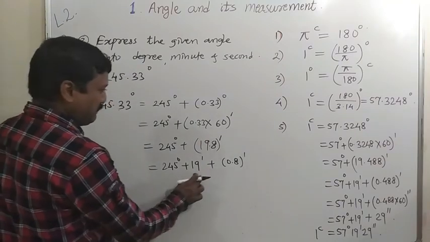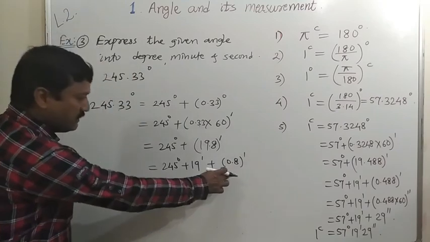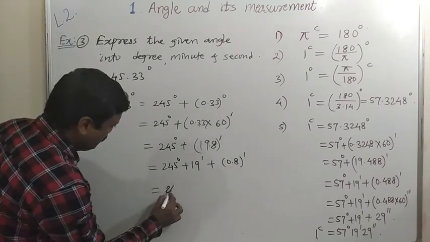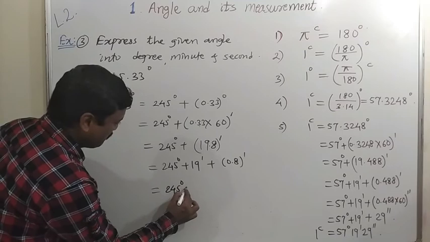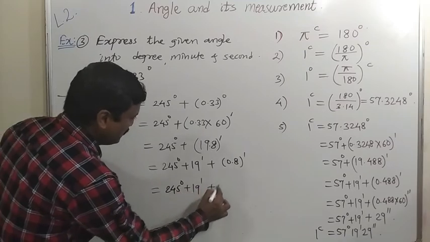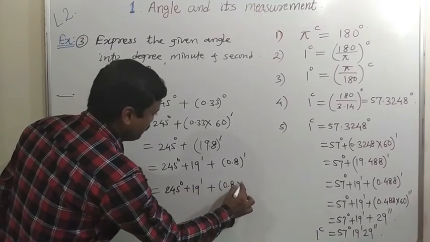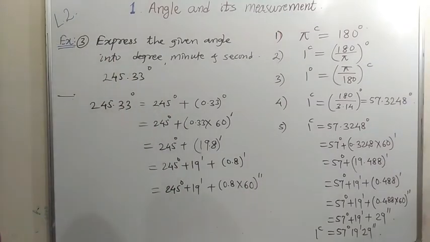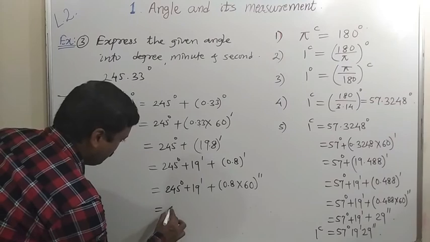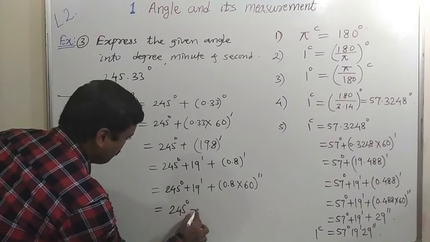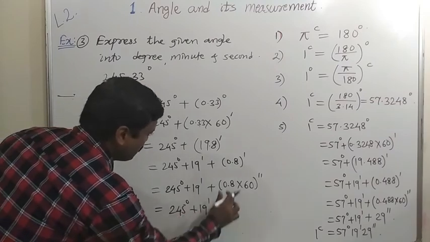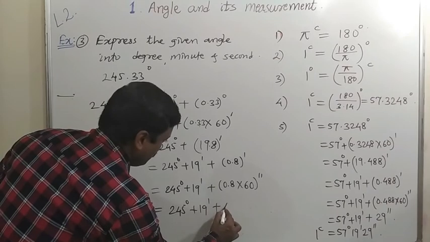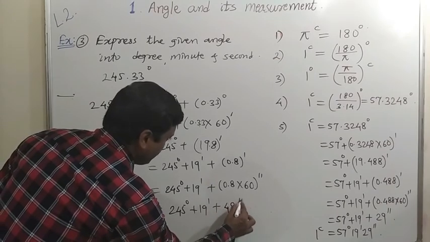Now we get here minute. Let us convert this minute into seconds. So it is equal to 245 degree plus 19 minutes plus 0.8 into 60 seconds, because 1 minute equal to 60 seconds. So it is equal to 245 degree plus 19 minutes plus 48 seconds.